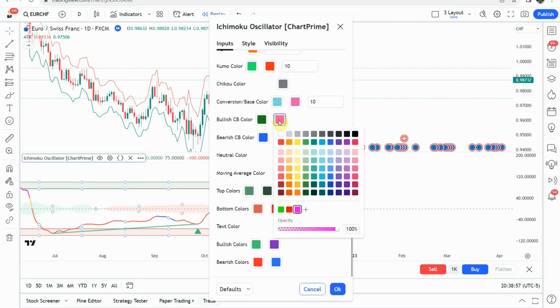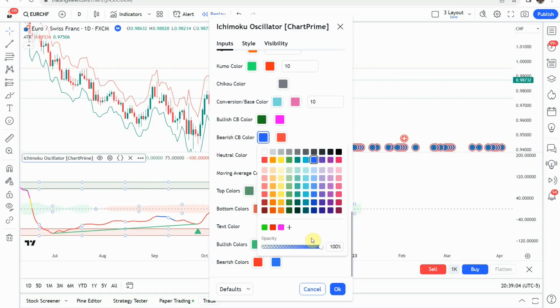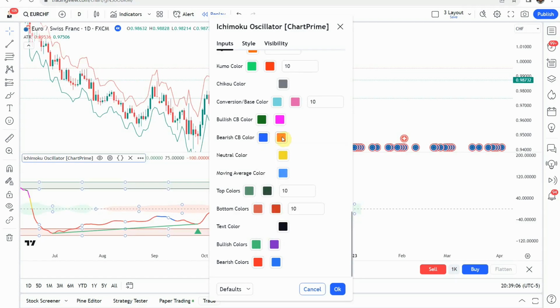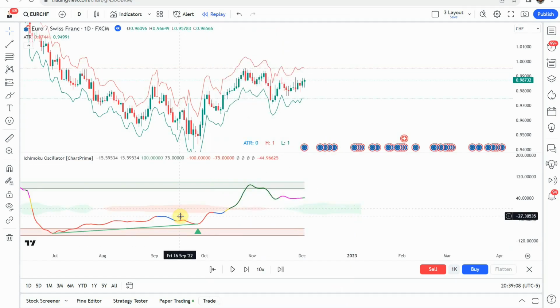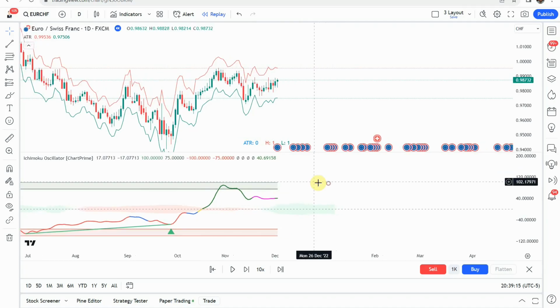Before it was a light green, now we're going to change it to purple. On the bearish CB color, this first one, we are going to change that to blue. It was a lighter red. It just allows those to stand out a little bit more and really make it obvious when we get that color shift that we will be looking for.